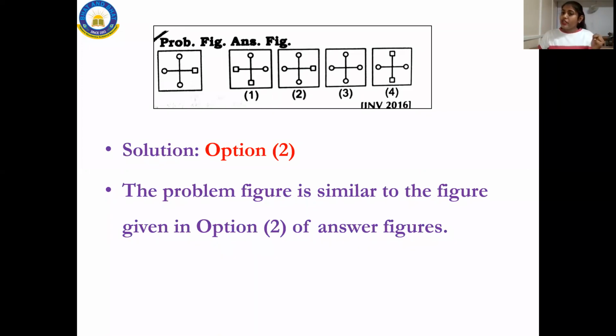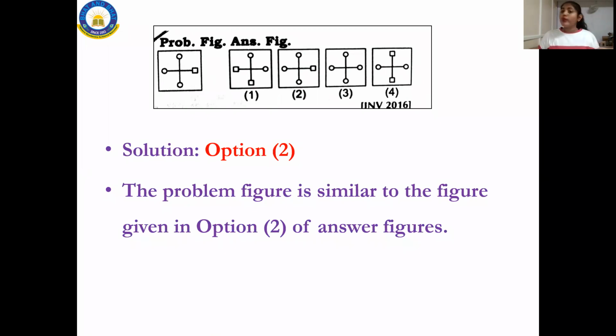Students, to solve this chapter you have to concentrate and have vision power. You have to concentrate a lot. This chapter looks very easy, but when you solve it you will make mistakes. I want my students to score full marks out of 4, so go through each and every option.